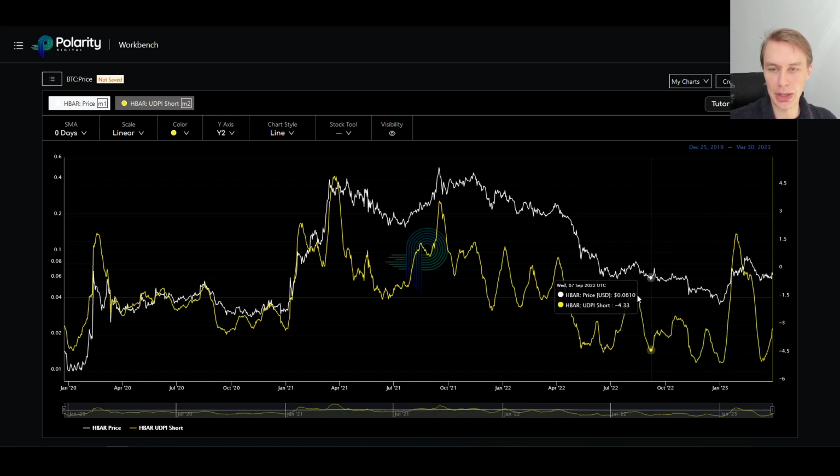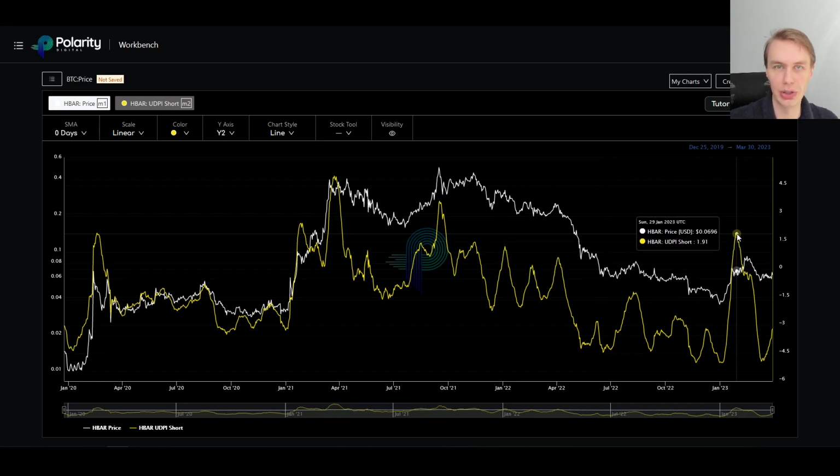Now again, if I'm looking for upside targets in the short-term UDPI, if the market remains bullish and allows this to form a higher low and then move back to the upside, I'd again first be looking at around the negative 1.3 level as a possible upside target on the short-term UDPI. If we can clear beyond that, it's possible we could start playing with the 0.6 level, 0.5 level, and maybe even going back up to the 1.8 if we get a really strong impulse to the upside.